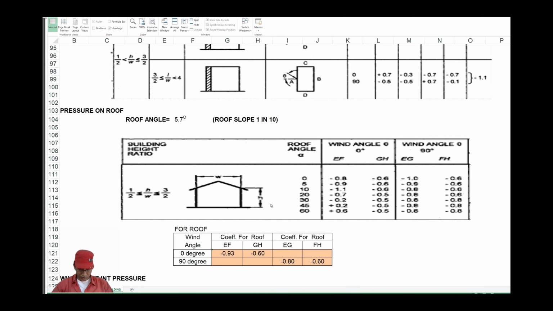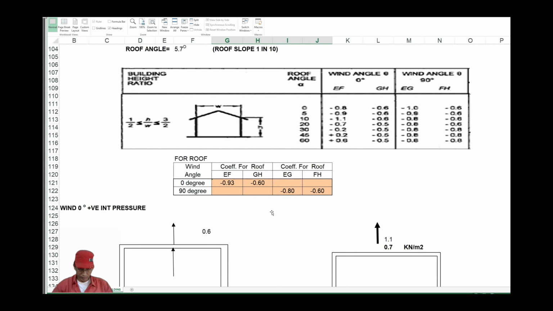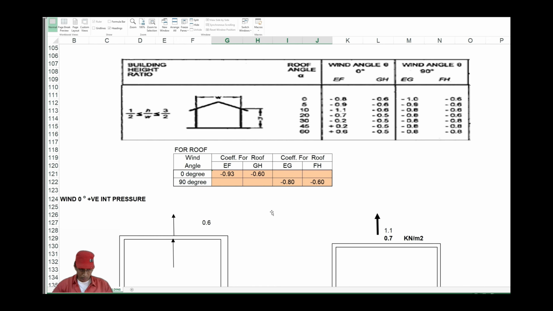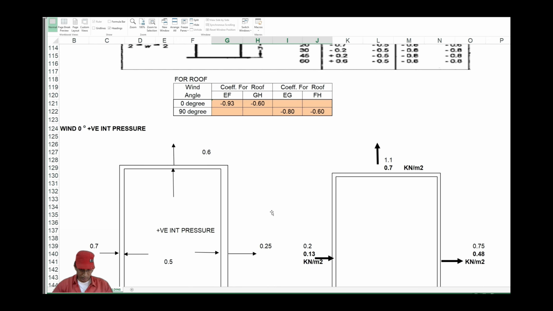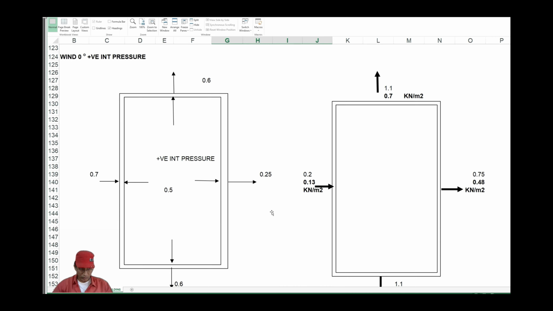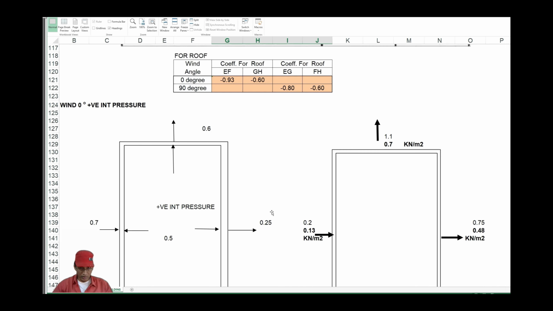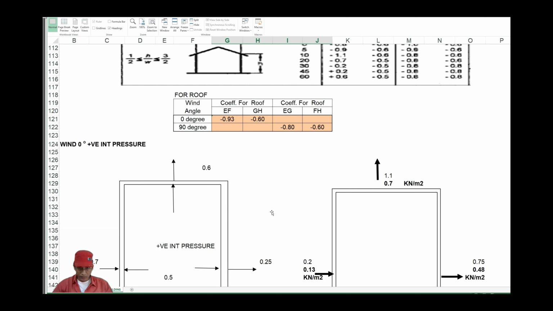So we have this external pressure coefficient for the roof. Now we have to calculate how the pressure has to be worked out for each incidence angle of the roof. There will be 4 incidence angles.